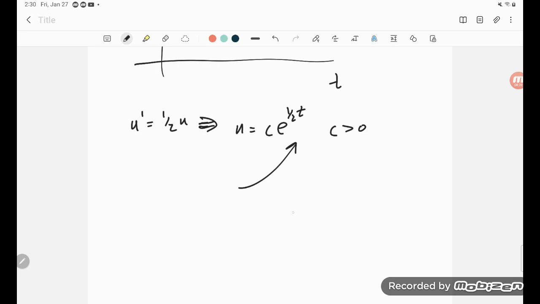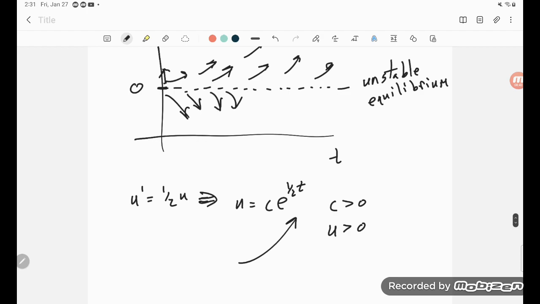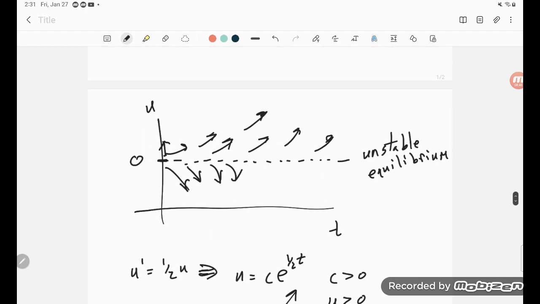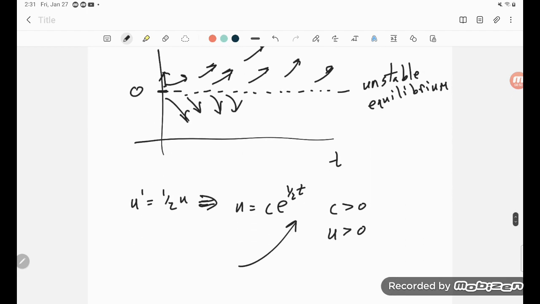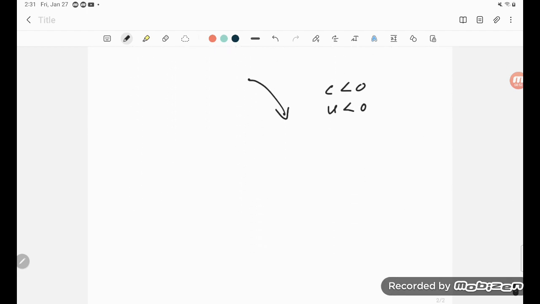And on the other hand, it will head down like that if c is less than 0. In this case, u is always going to be greater than 0, and u is always going to be less than 0. Okay. And so that's what's going on. Sorry I got those directions backward, but let's do another quick example.